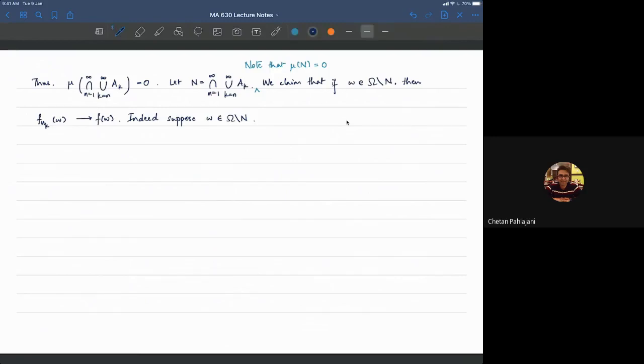Okay, so suppose omega is in Omega minus N, so it is missing from the intersection. If it's missing from the intersection, it's missing from at least one of the sets in the intersection. So hence, omega is missing from the union, k going from n to infinity, of A_k for some n greater than or equal to 1.